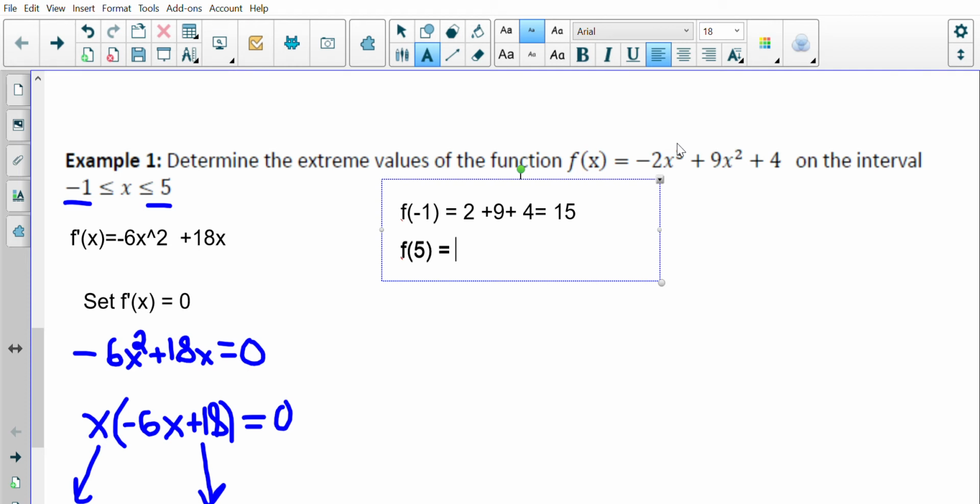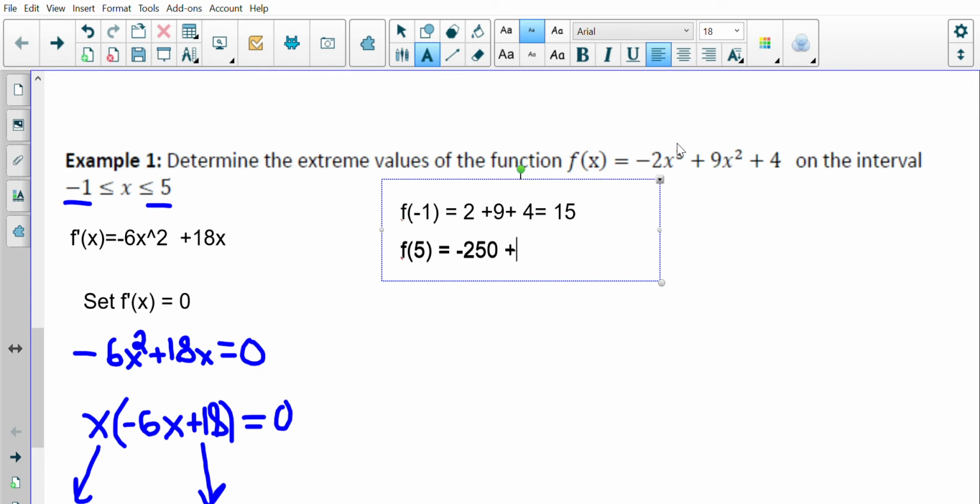All right, so let's see here. Oh, that's going to be a big number here. So I'm going to do some calculating on my calculator. So 5 cubed is 125. I'm going to have -250. Yikes. All right, and then 9 times 25. It's 175, I believe. Oh, I better make sure. I don't want to mess this up. 9 times 25.